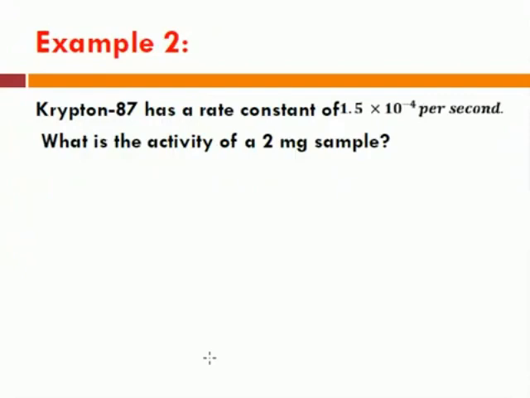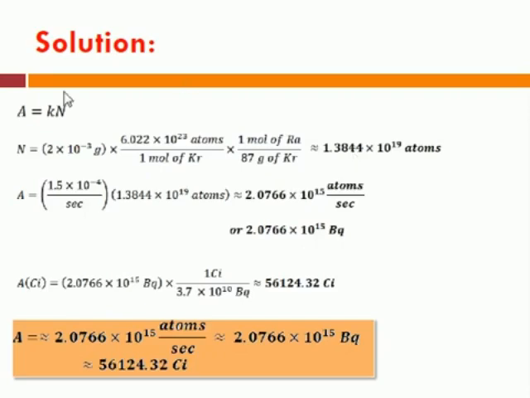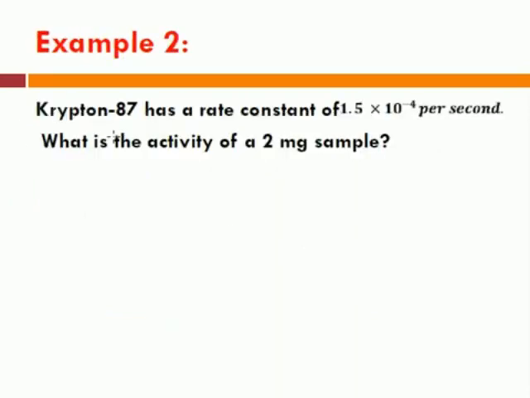So, let's proceed to number 2. Krypton 87 has a rate constant of 1.5 times 10 raised to negative 4 per second. So this is the value of k. What is the activity of a 2 milligram sample? So what is the activity?